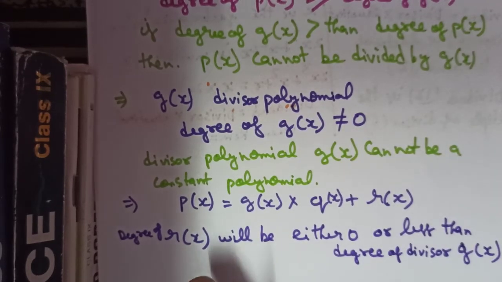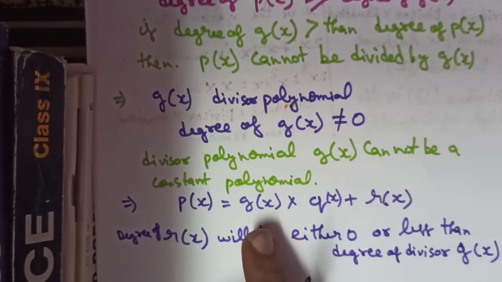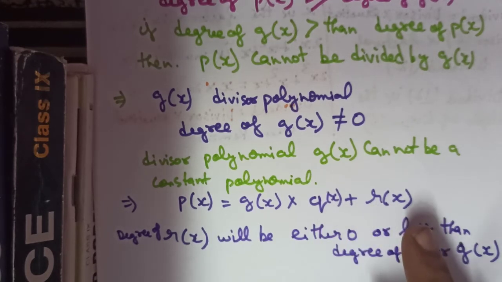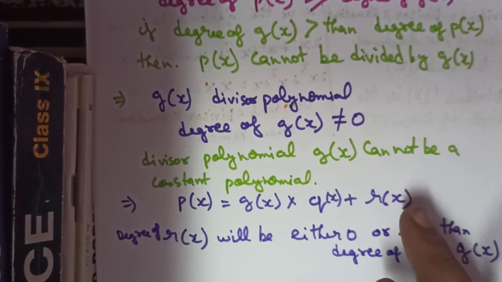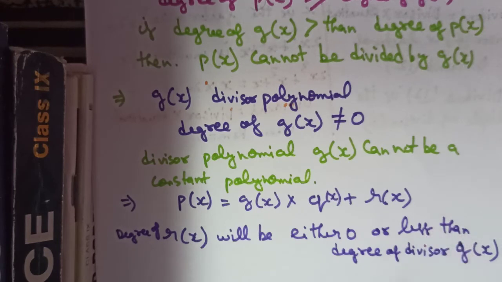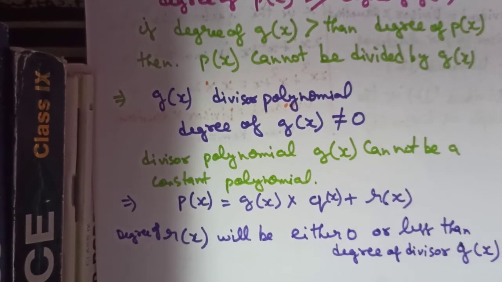Again I am repeating, if we are having our dividend polynomial px and it is divided by gx, then we are getting a quotient as qx and remainder as rx, then the degree of the remainder polynomial will be either 0 or the degree of the remainder polynomial will be less than the degree of the divisor polynomial.